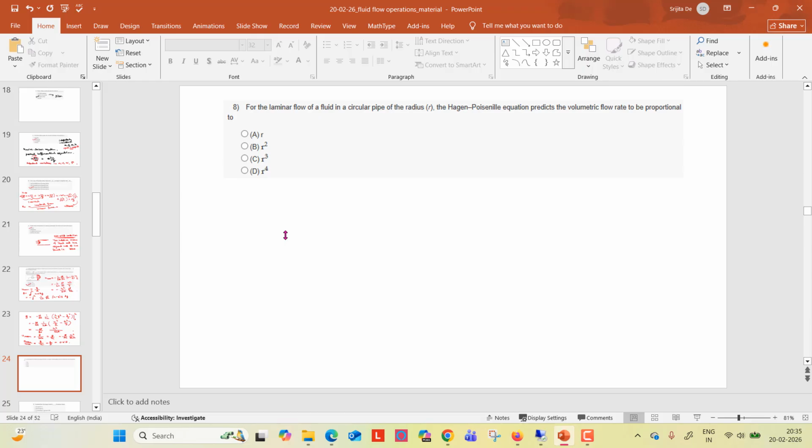So now I'll directly write the expression of the Hagen-Poiseuille equation in a circular pipe: Q equals pi d to the power 4 delta P by 128 mu L. So d to the power 4 means diameter to the power 4. For radius also it will be 4, right? So it is option D. Volumetric flow rate will be proportional to the fourth order of radius. Next.